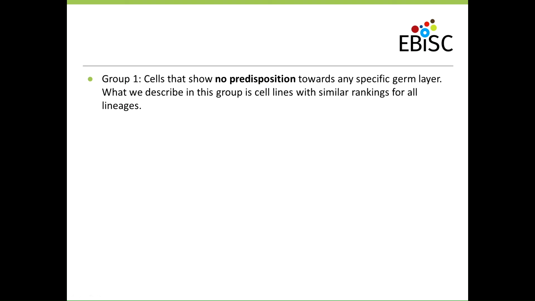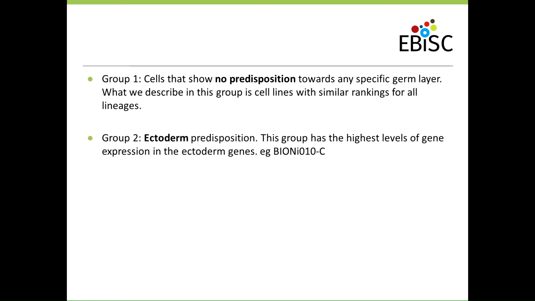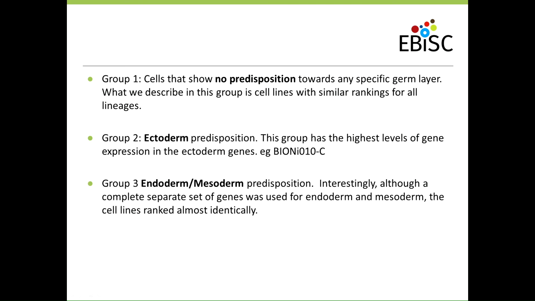They scored pretty evenly across all lineages. Then there was a very distinct ectoderm predisposition. And the Bioneer lines were the ones that fell into this one as well. And then the third group was an endoderm mesoderm predisposition. The interesting thing that we found out, even though we used completely different sets of genes for each germ layer, is that they ranked almost identical in how they scored, which basically means that in this system we couldn't really say if they were stronger for endoderm or mesoderm.